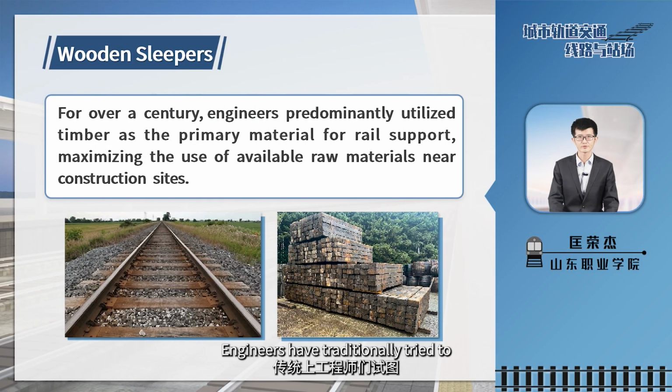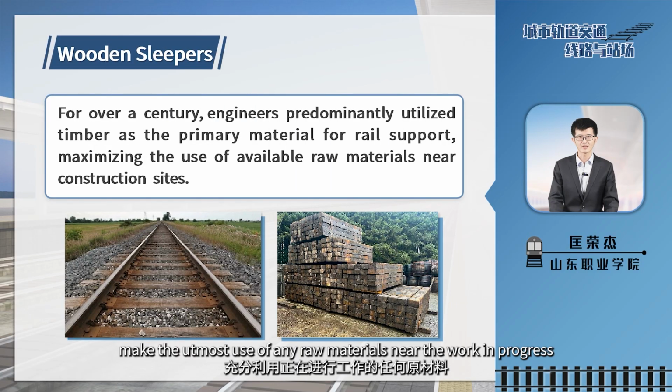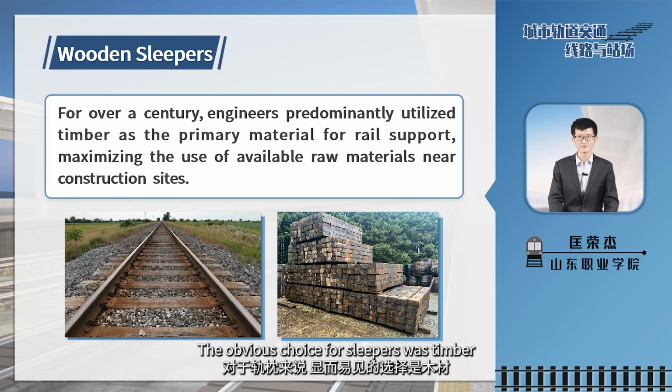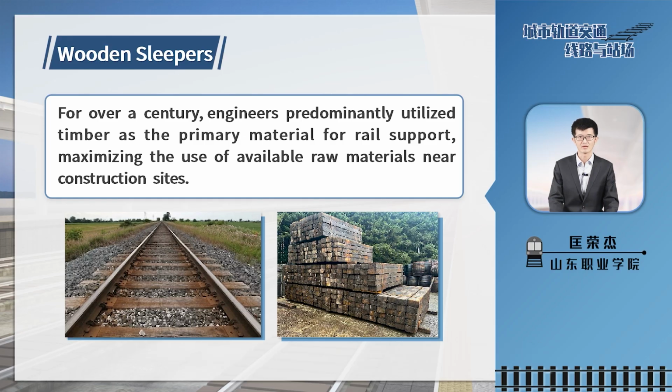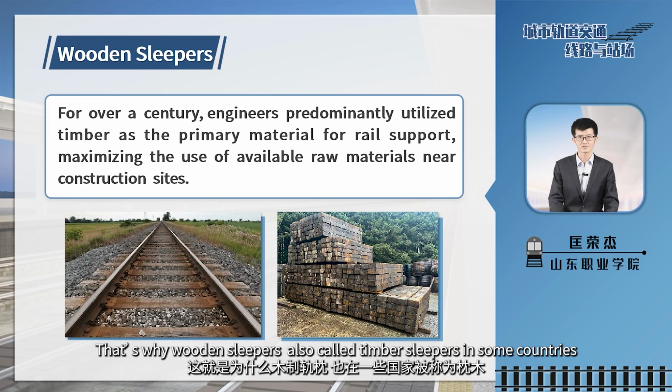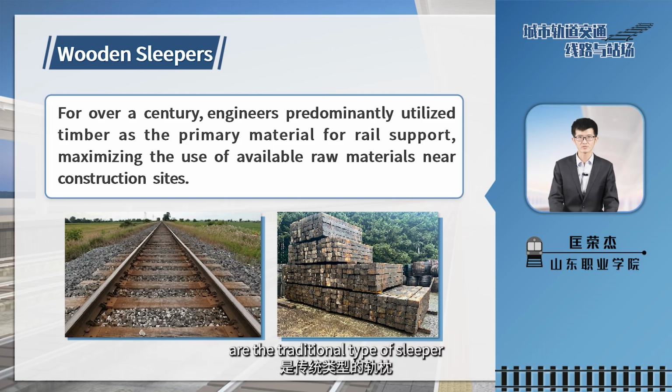Engineers have traditionally tried to make the utmost use of any raw materials near the work in progress. The obvious choice for sleepers is timber, and for over 100 years timber was the principal rail support used throughout the world. That's why wooden sleepers, also called timber sleepers in some countries, are the traditional type of sleeper, and they are still widely used in railway construction.